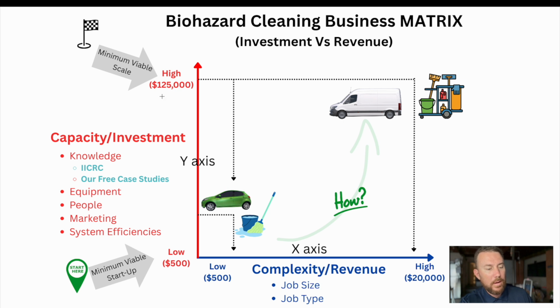Whereas if you have a higher capacity, that means you have either knowledge of your own that you've learnt through a long period of time, or you have access to someone who has that knowledge and experience as part of your company, or someone that you've connected with who supplies those services through coaching or mentoring, for example, and you have the equipment and you have the people resources, you have the systems efficiencies built in place, or that can be trained up for you through your coaching mentor, or that you've acquired over time, that means you can do that more complex job.